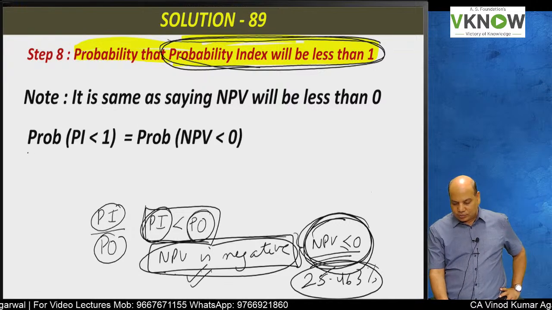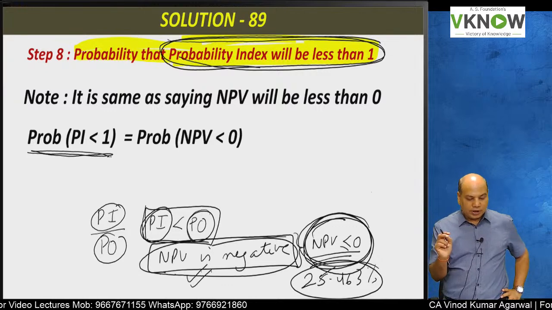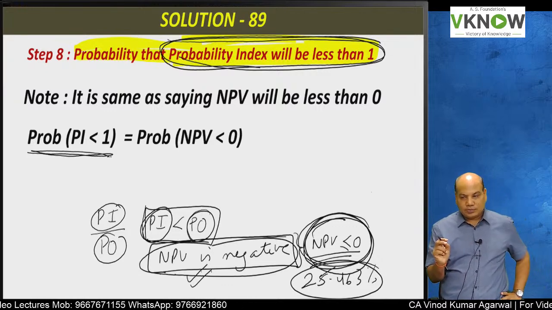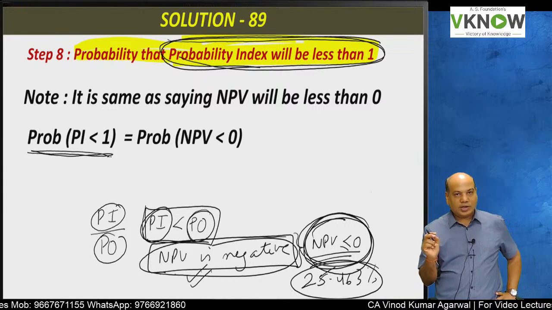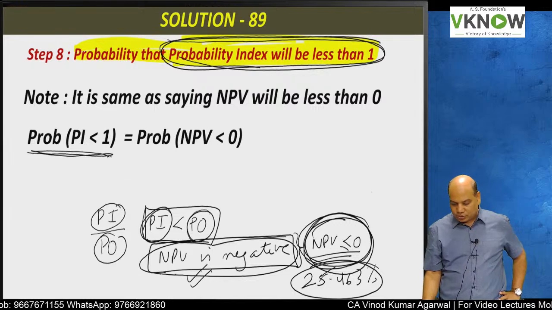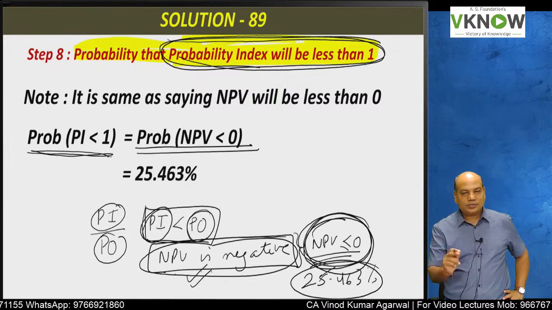Right. Therefore, probability that profitability index will be less than 1 is equal to probability that NPV will be less than 0, and this we have already computed.